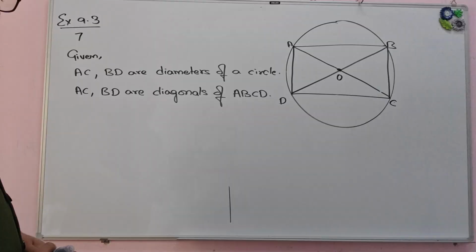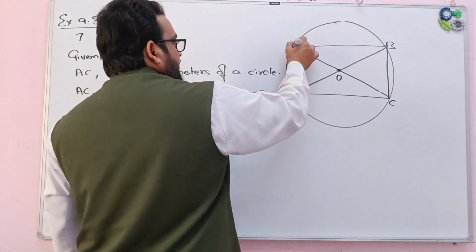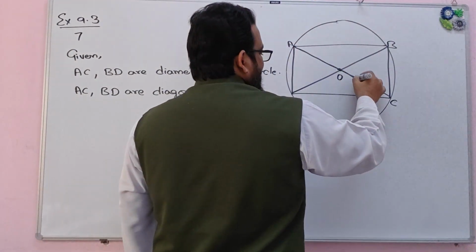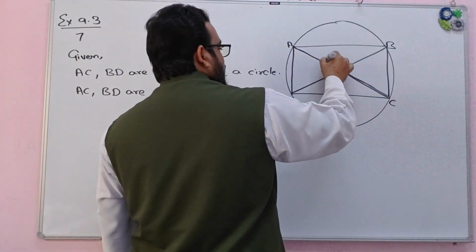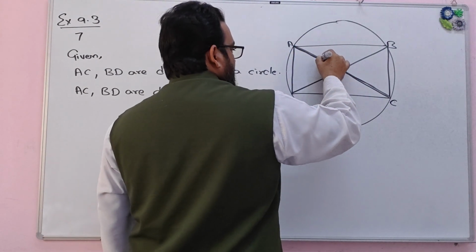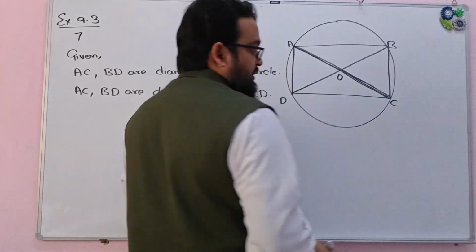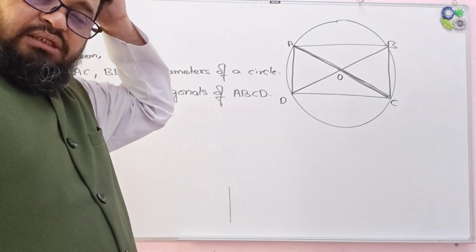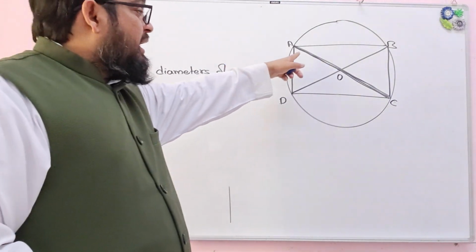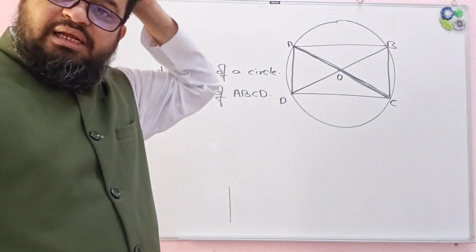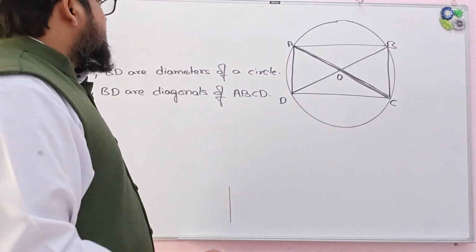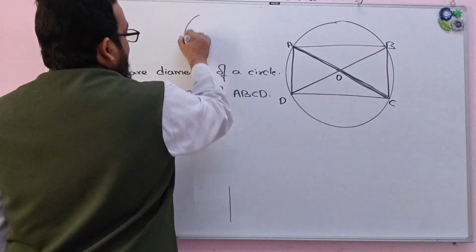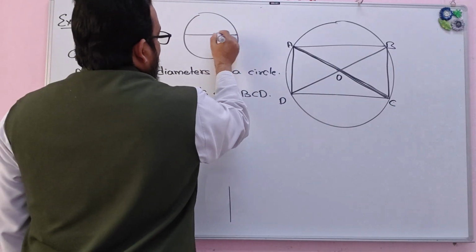Now AC is a diameter, and we have seen from the corollary of theorem 9.7 that the angle subtended by a diameter in a semicircle is always 90 degrees. Let me explain this. Suppose this is a diameter.